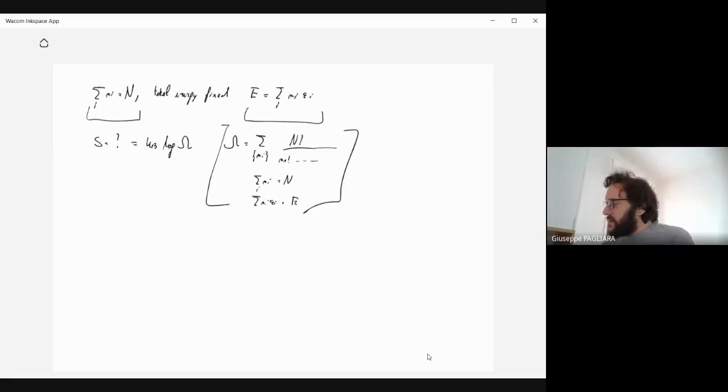But we can use the lesson that we learned from the previous case. So instead of computing all the possible configurations, let us consider the most probable one.